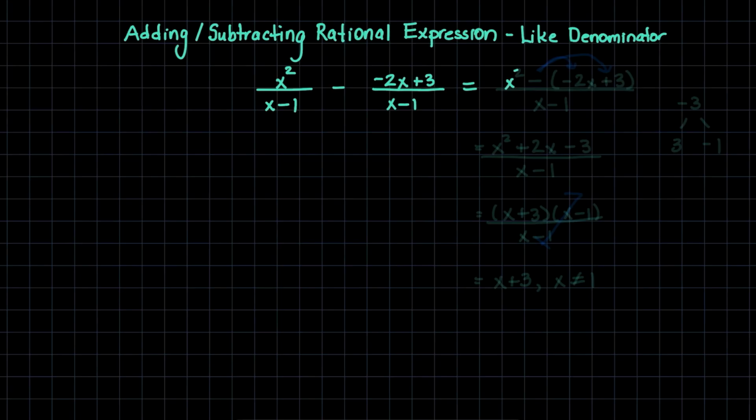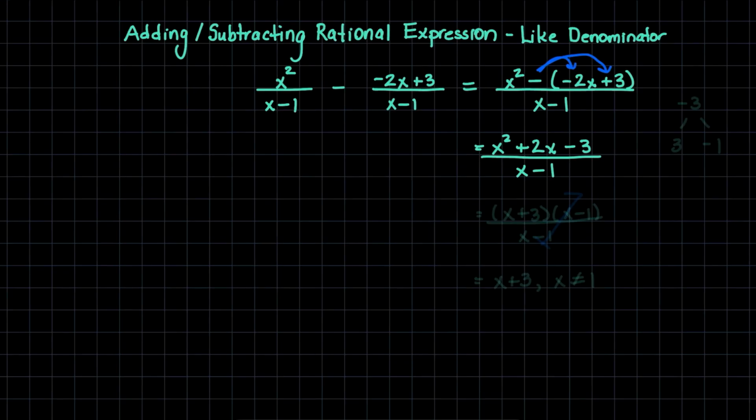So I always rewrite, if I'm subtracting, anything to the right in parentheses, so I remember that that negative needs to be distributed. So now this negative has to distribute to both terms. So we have x squared plus 2x minus 3 all over x minus 1.